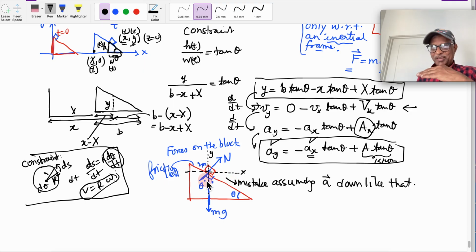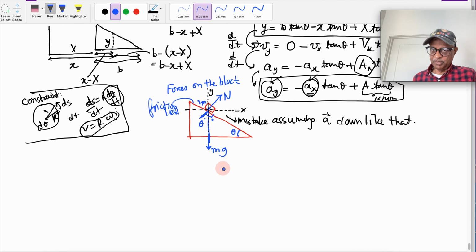It's down the wedge, but actually these variables ax and ay that you're looking at, they will point so that this relation is satisfied. So we are just going to have to do it algebraically.